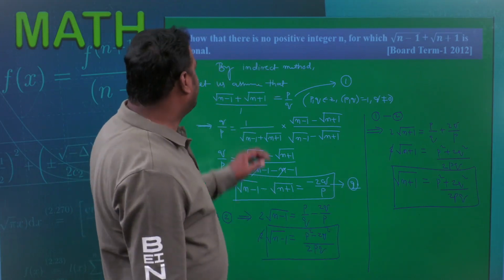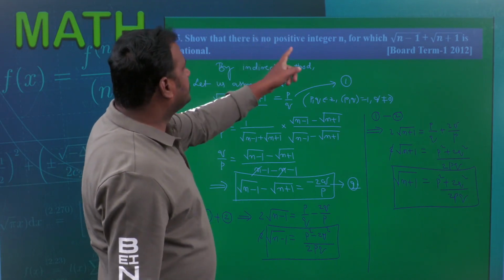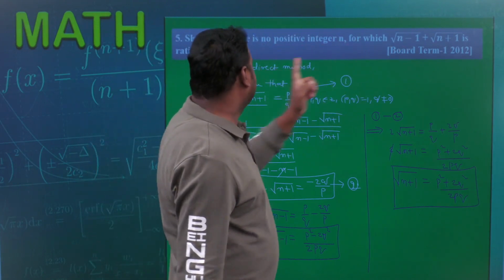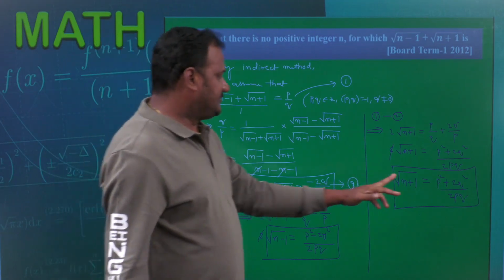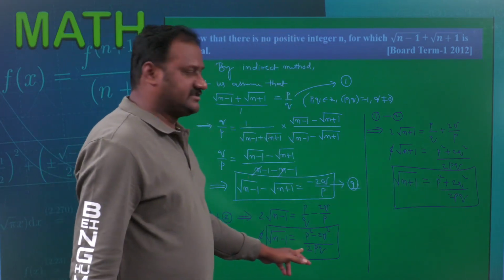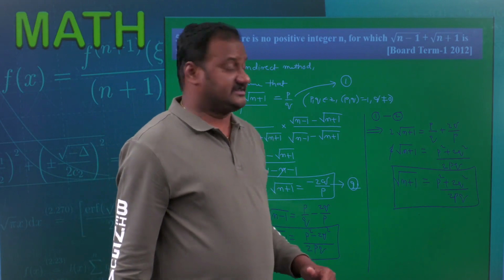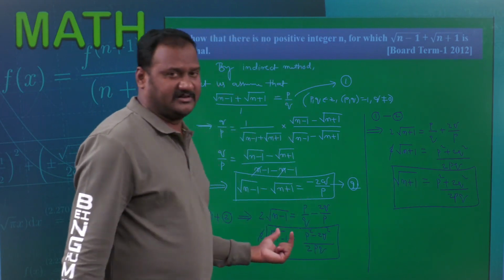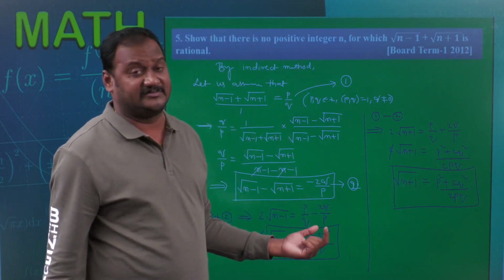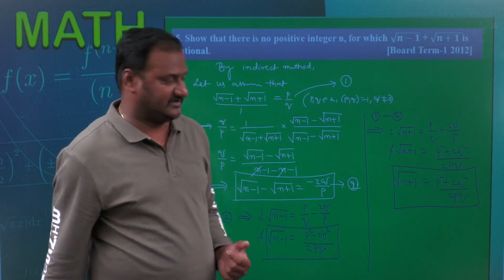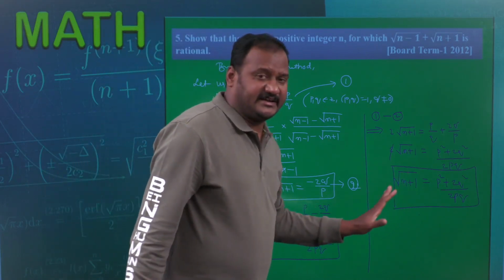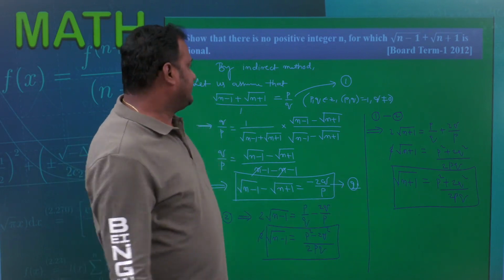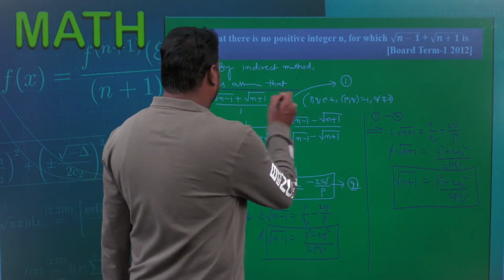But according to the given problem, there is no positive integer n for which this number is a rational number. It is purely irrational. But in both the cases, you are getting a rational number equal to an irrational number. Is it possible? A rational number can never be equal to an irrational number. So therefore, it is a contradiction. This contradiction is only due to our assumption.